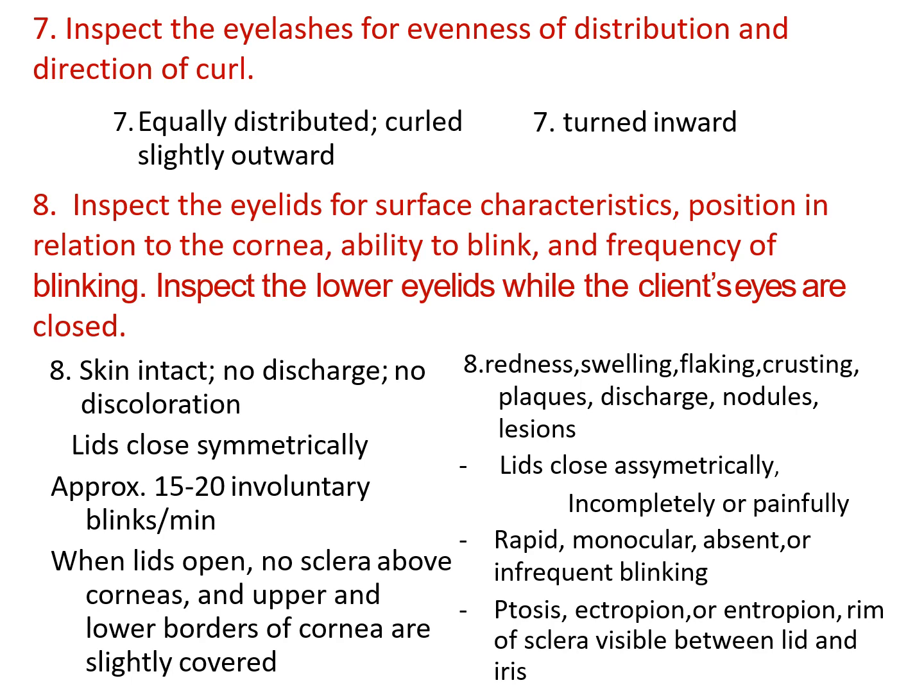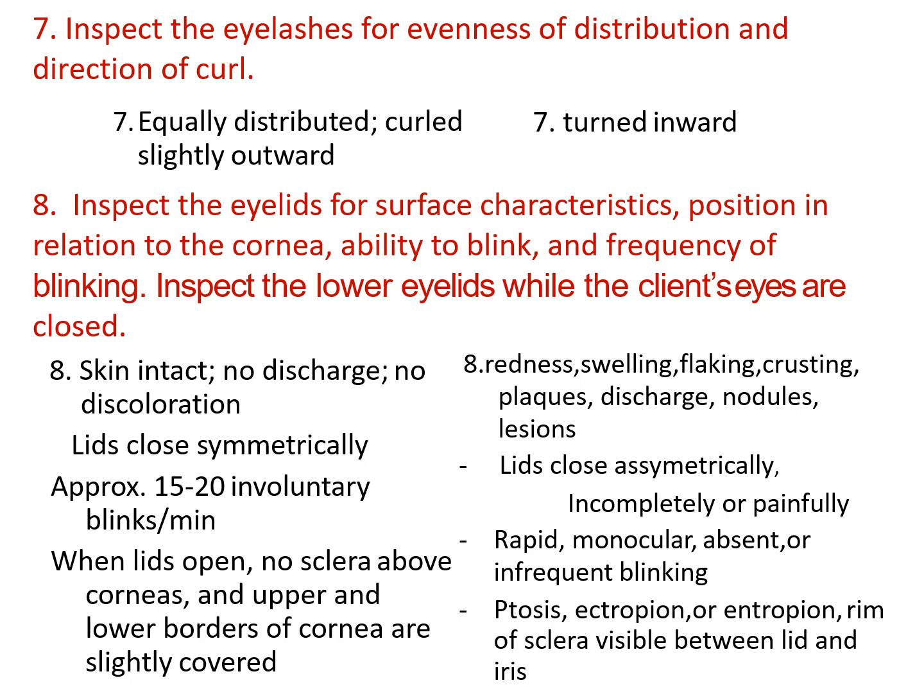Next, inspect the eyelids for surface characteristics, position in relation to cornea, ability to blink, and frequency of blinking. Inspect also the lower eyelids while the client's eye is closed. So normal findings are the following. Skin should be intact, no presence of drainage, nor any discoloration. The lids should closely be symmetrical.